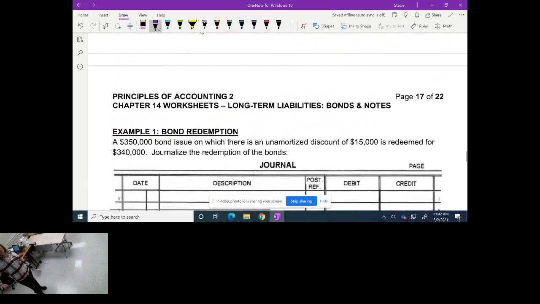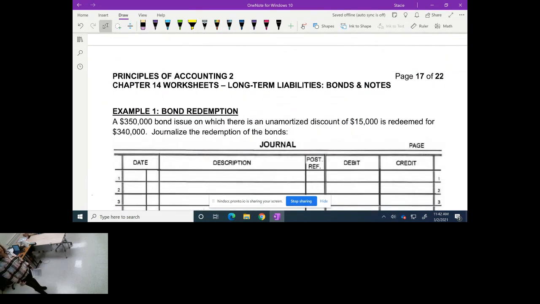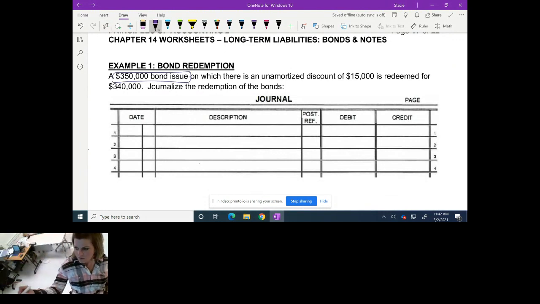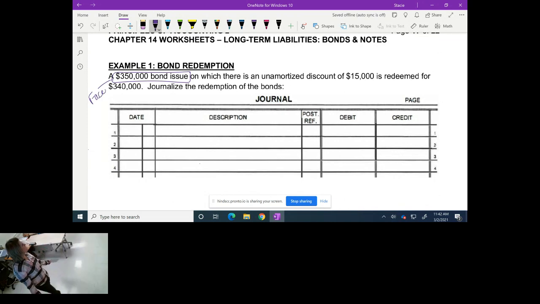All right, bond redemption, Example 1. We've got a $350,000 bond issue. So this right here is your face amount, or what's in bonds payable.